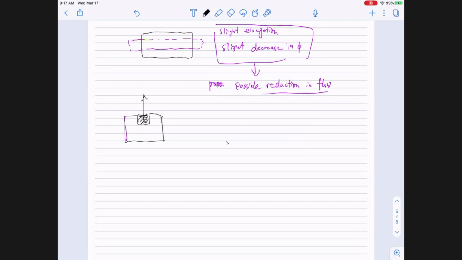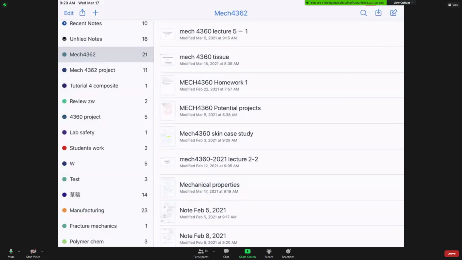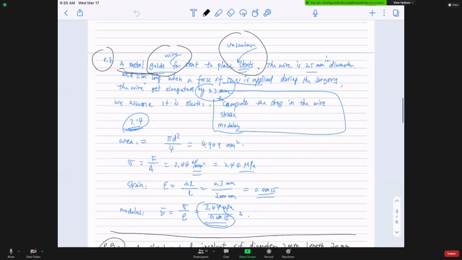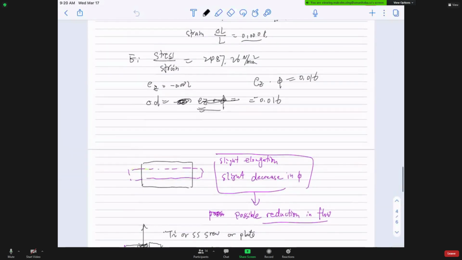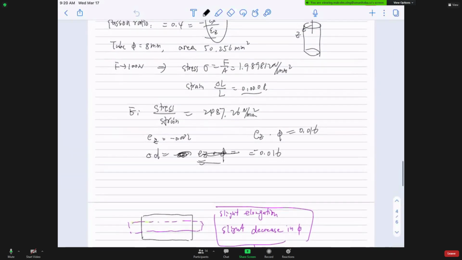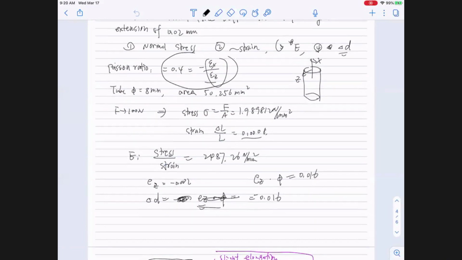Any questions? Yeah. Can you go to the last example? I didn't quite understand how you calculate the last delta D. Oh, delta D, you see, we can get it from Poisson ratio, right?